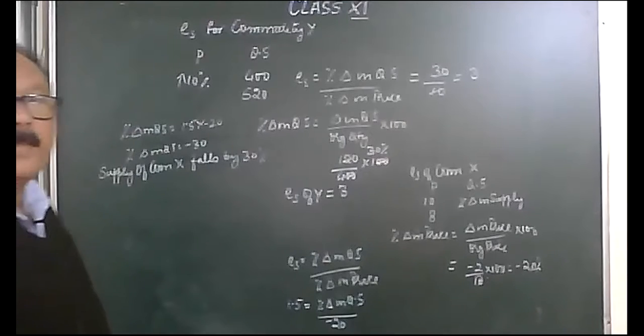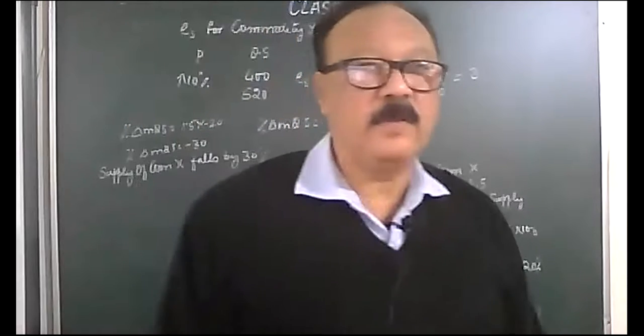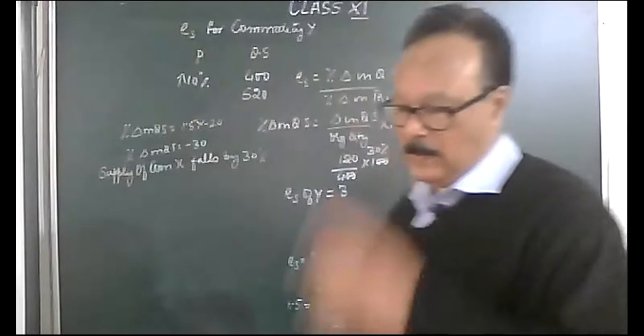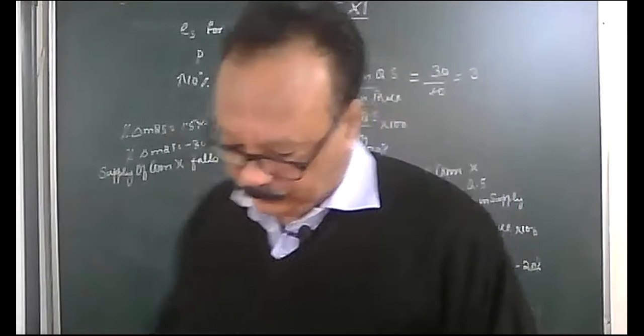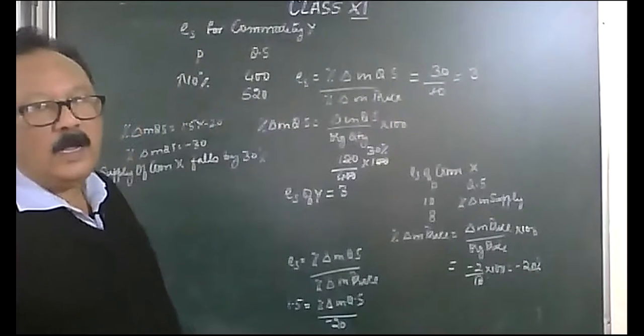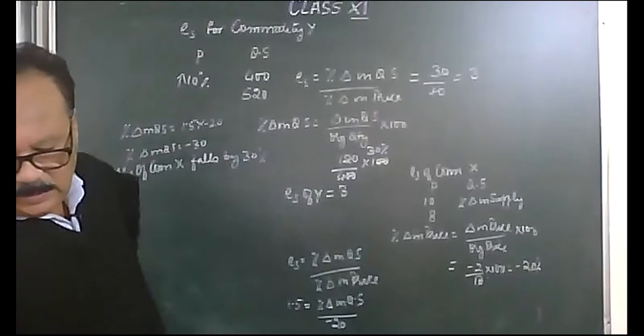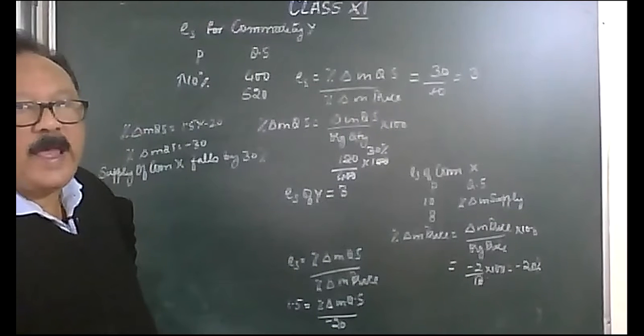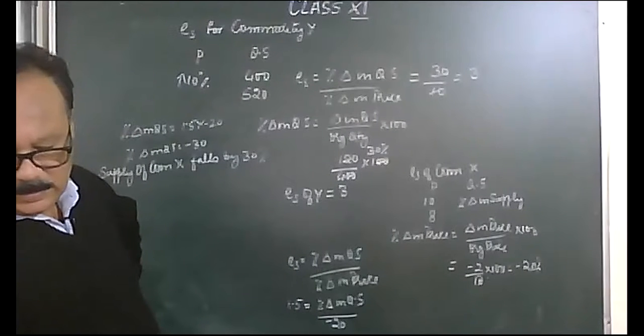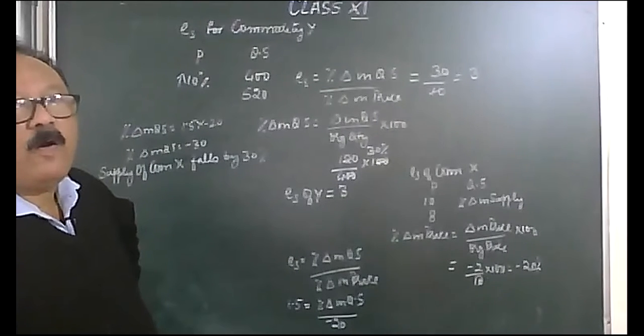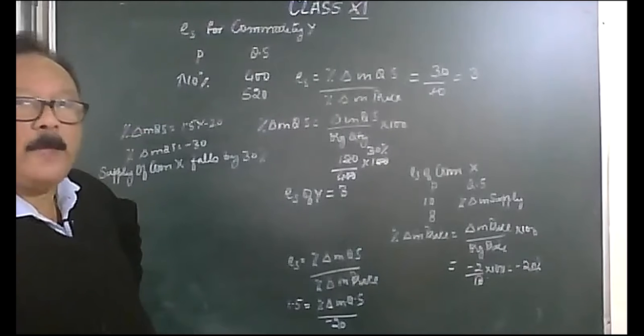Is that okay? Let us go through a quick revision of the question again. The question says the price elasticity of supply of X is half of commodity Y. This is the first main statement.